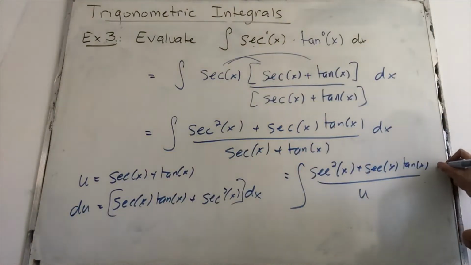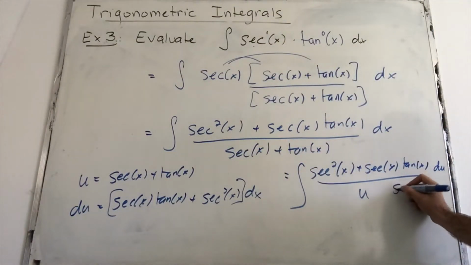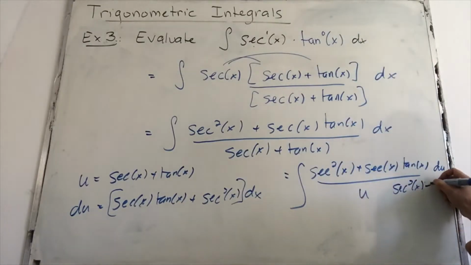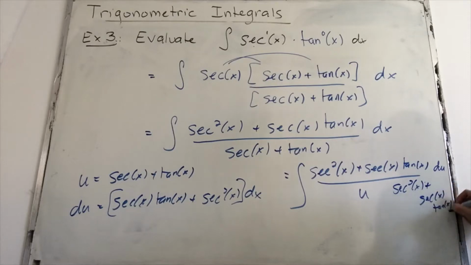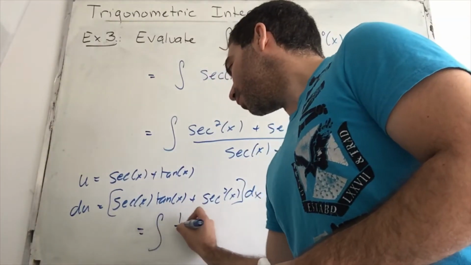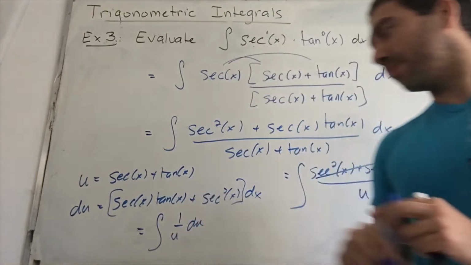So I'm going to write du divided by secant squared plus secant tan. Running out of room, but notice that the secant squared plus the secant tan, as I mentioned, just end up canceling each other. It works out nicely, and we're just left with the integral of 1 over u du.